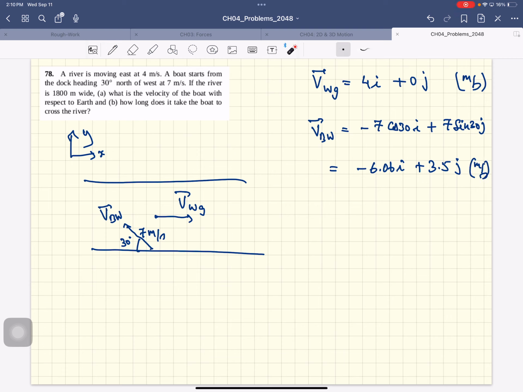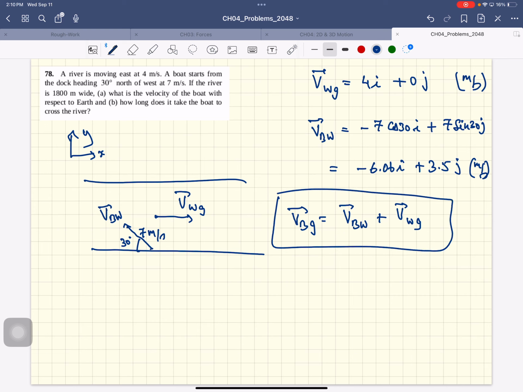What is the velocity of the boat with respect to Earth? What we want is the velocity of the boat with respect to the ground, which is the velocity of the boat with respect to water plus the velocity of water with respect to the ground. The way to remember this is you insert a letter in between.